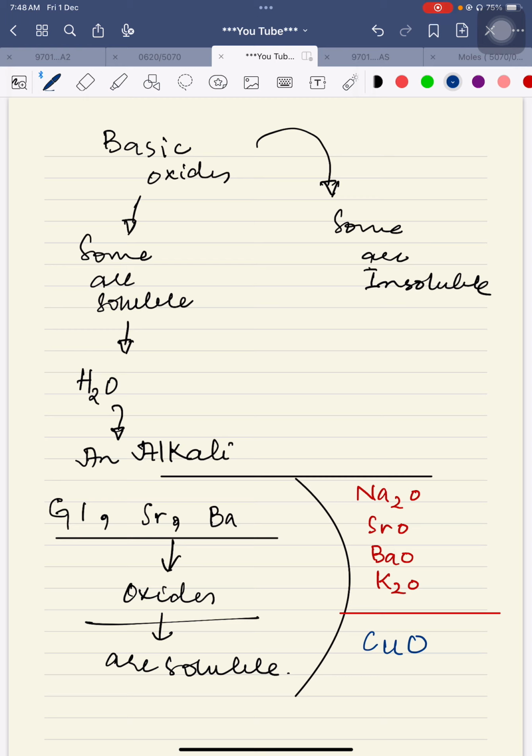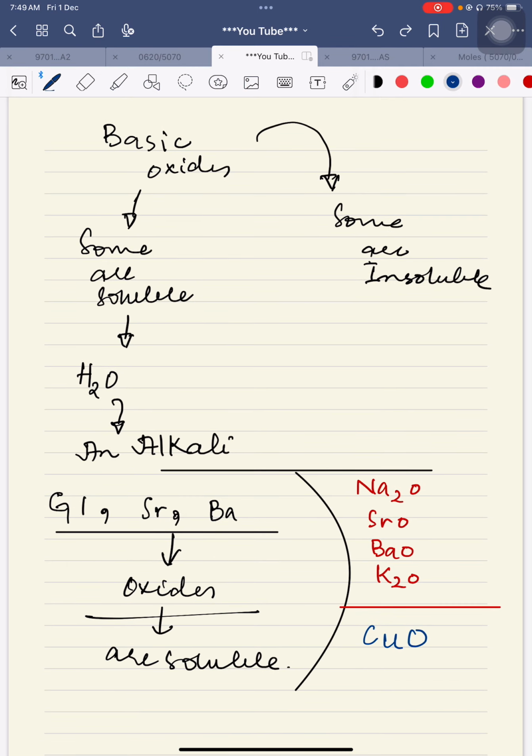You may consider beryllium oxide, or instead of beryllium oxide it is good to take lead oxide, which is also in another category.